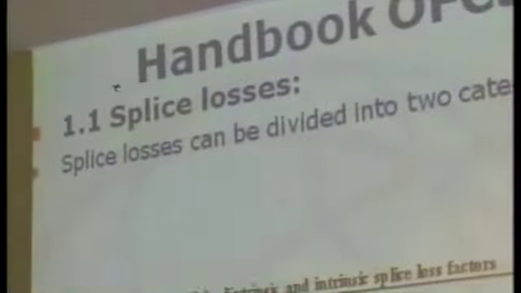The first one is what we call extrinsic loss. The other is what we call intrinsic loss. To understand better, we can look at what is sometimes called splice loss factors.